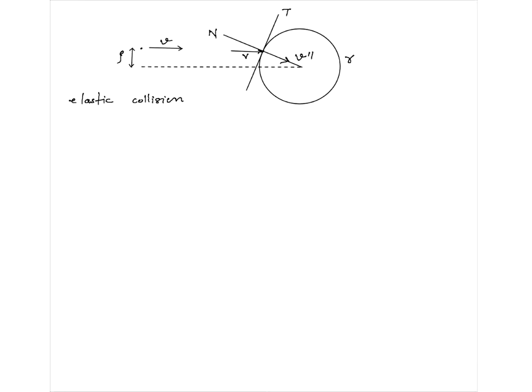Let's say the particle goes in some direction having velocity v single dash, and making an angle of theta, let's say, with this.